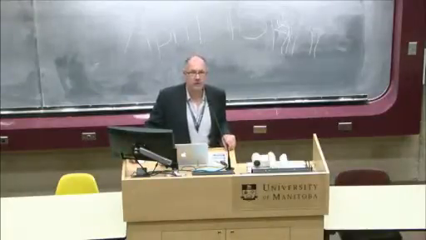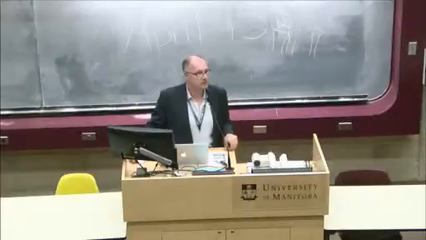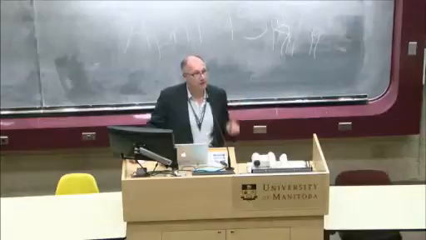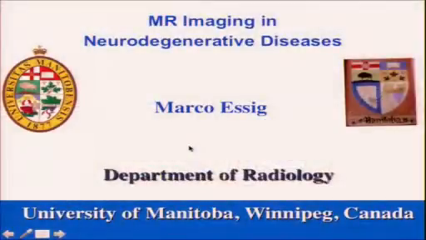But we don't use imaging in neurodegenerative diseases as often as we, I think, should use. The title is MR imaging, but you will see also some CT images. And the presentation is actually to show what happens with the brain and spine if there's a degenerative process going on.